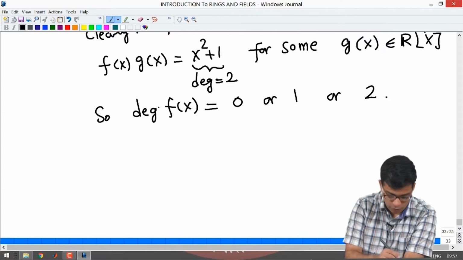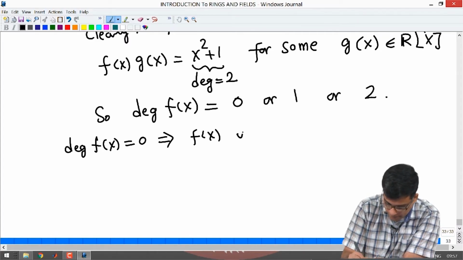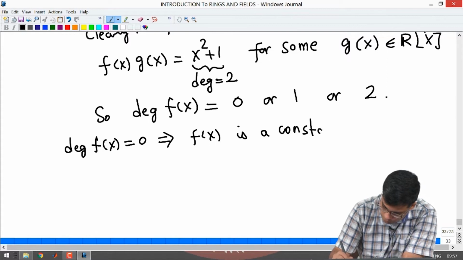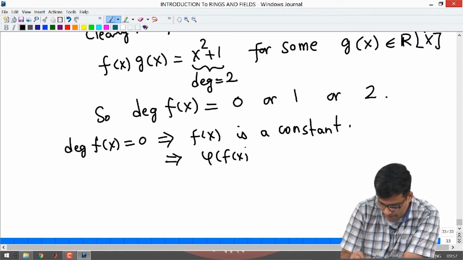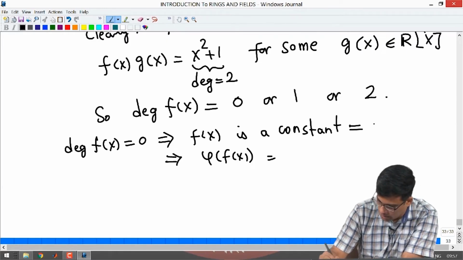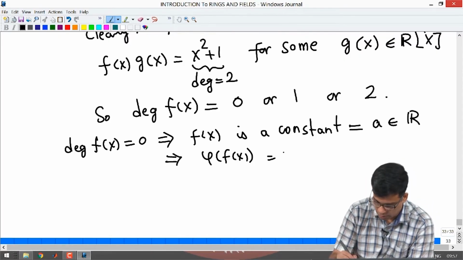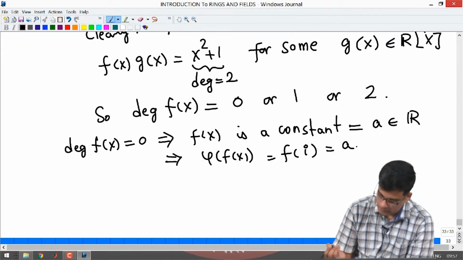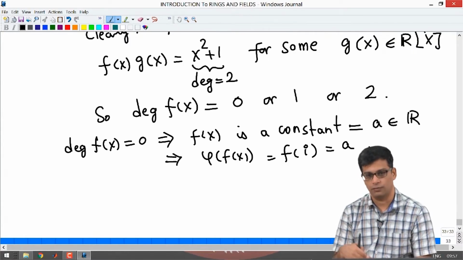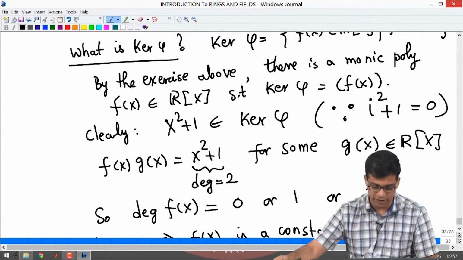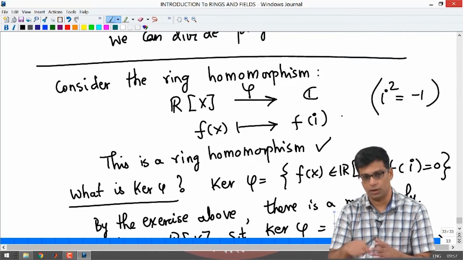So now let us look at the possibilities. Can the degree of f(x) be 0? Remember the meaning of this: the degree of f(x) being 0 means f(x) is a constant. But then what is phi of f(x)? Let us call the constant a in R. There is no meaning to substituting for x in a constant polynomial; under the function phi, a constant simply goes to the constant itself.